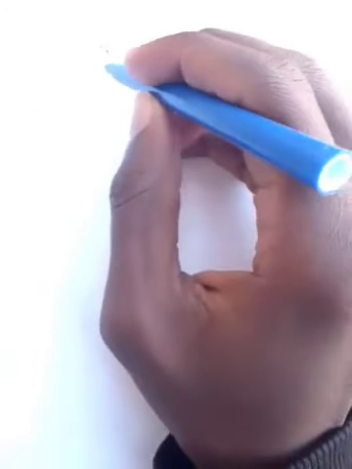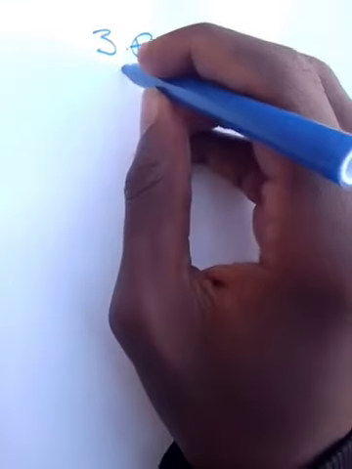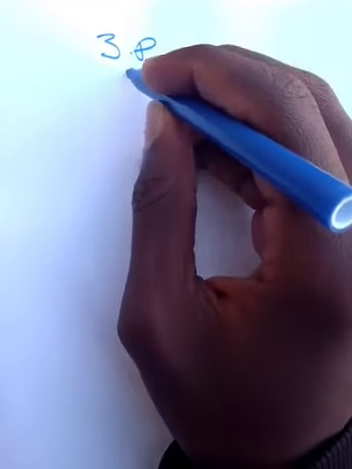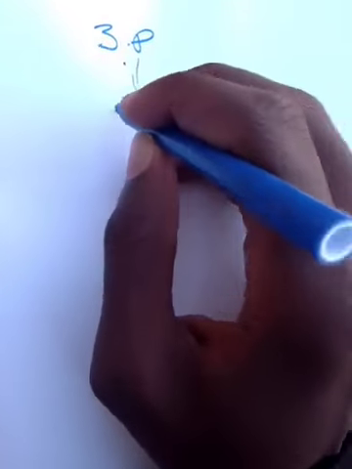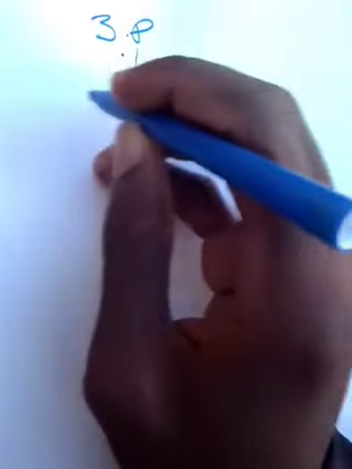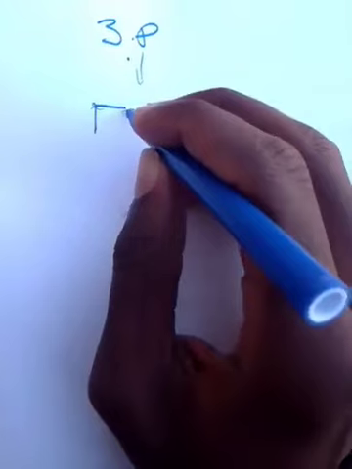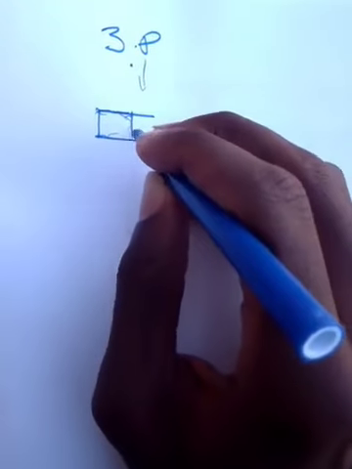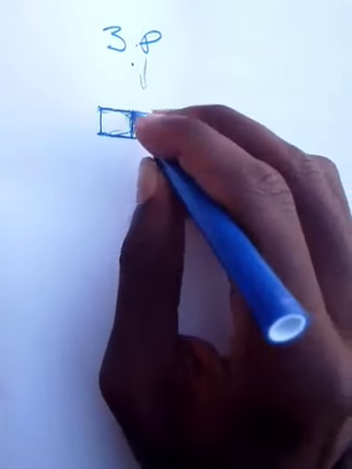So let's say you have 3p. We know that 3p is going to have how many orbitals? 3, right? Now this might be a case whereby they have given you an electron configuration.